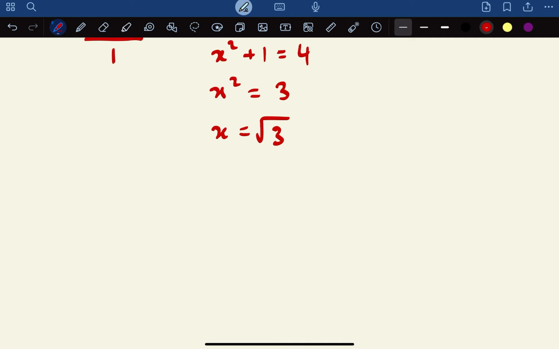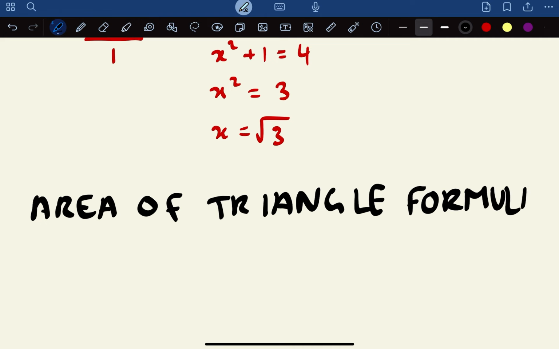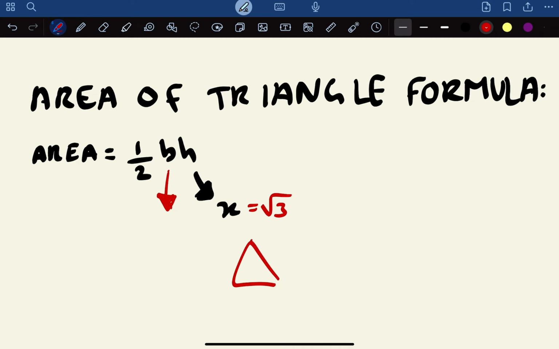Now what we can go ahead and do is to apply the area of triangle formula, right? So that means that the area is equal to half times base times height. So since we know that our height, which was our x, is equal to root 3, and we know that our base, which is basically over here, this was 2.